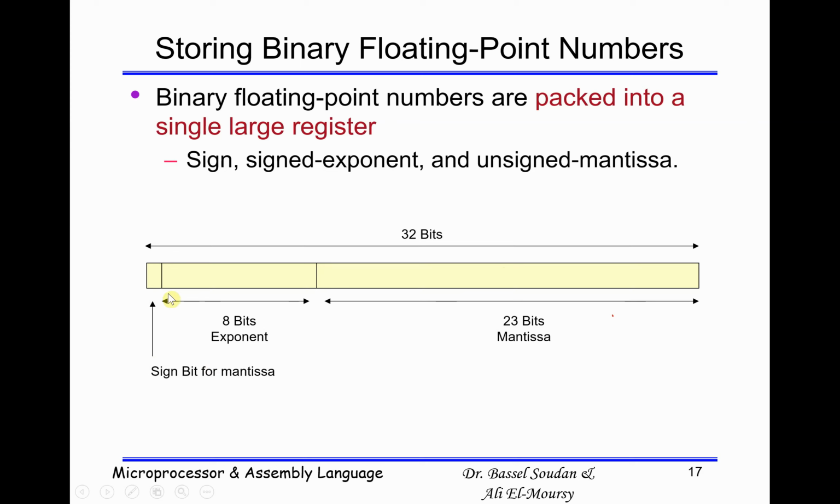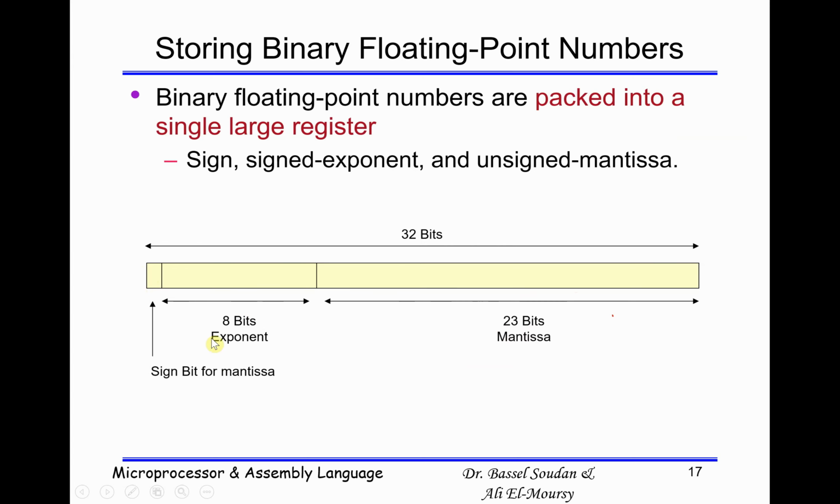The sign bit, although it looks or is placed beside the exponent, belongs to the mantissa. Mantissa is using sign magnitude, so the magnitude is in the mantissa part and the sign is in the most significant bit of the number, and the exponent is in the middle between them.